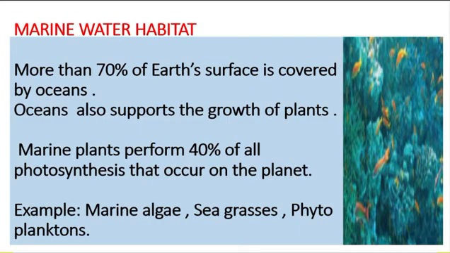Marine water habitat. More than 70% of Earth's surface is covered by oceans. Oceans also support the growth of plants. Marine plants perform about 40% of all photosynthesis that occurs on the planet. Example: marine algae, seagrasses and phytoplanktons.